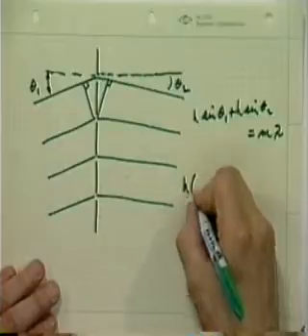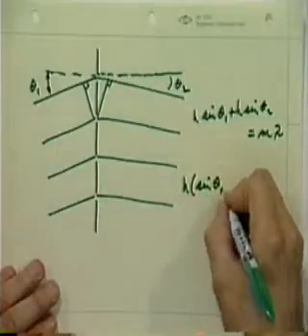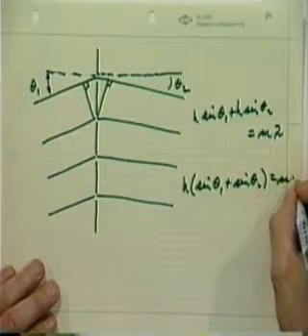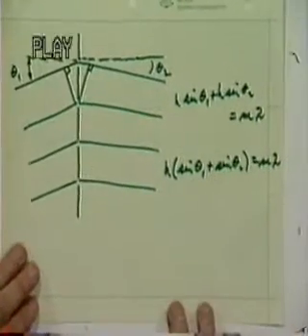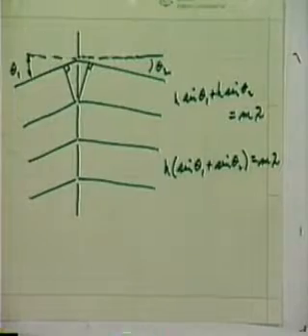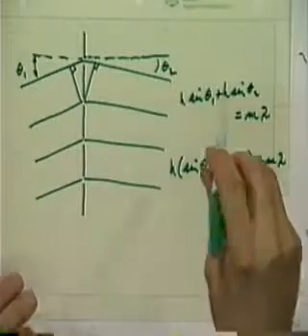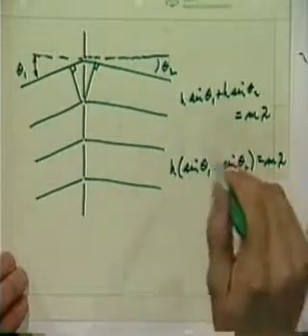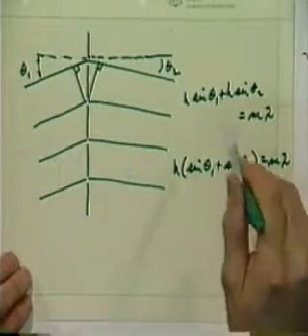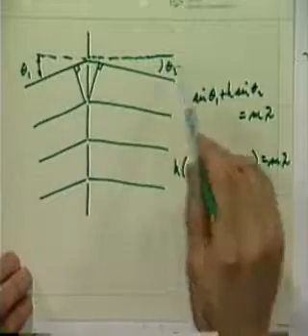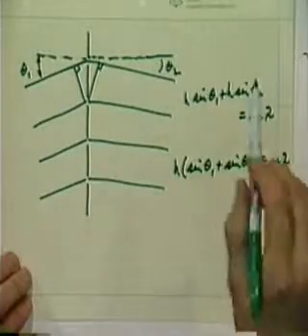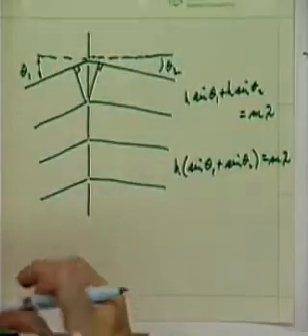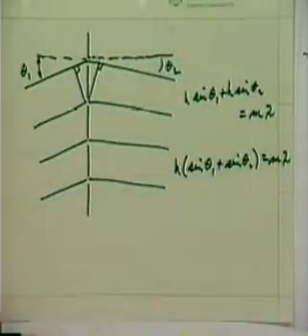In other words, h times (sine theta 1 plus sine theta 2) is m lambda. So at non-normal incidence, that would be the expression that gives us the relationship between h, theta 1, theta 2 and the wavelength to get maxima. Any questions on that?